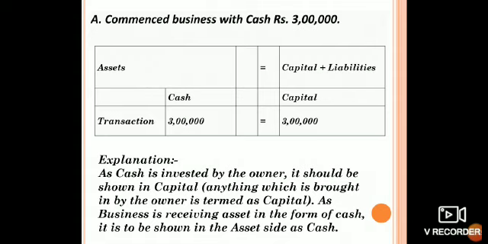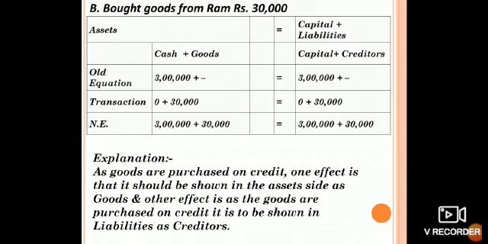As cash is invested by the owner, it should be shown in capital. Anything which is brought in by the owner is termed as capital. As the business is receiving an asset in the form of cash, it is to be shown on the asset side as cash. The second transaction is bought goods from Ram rupees 30,000.